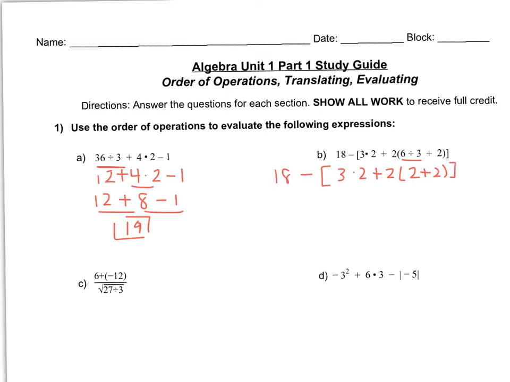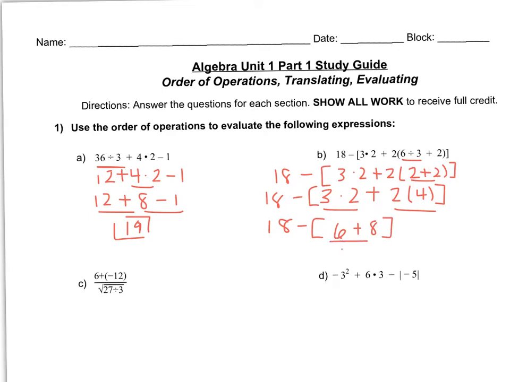So now I'm going to do 2 plus 2, which is 4, and it keeps the parentheses so that 2 on the outside knows to multiply it. So now I'm going to multiply 3 times 2 and multiply 2 times 4 at the same time. So I get 6 plus 8, which is 14, and 18 minus 14 is 4.